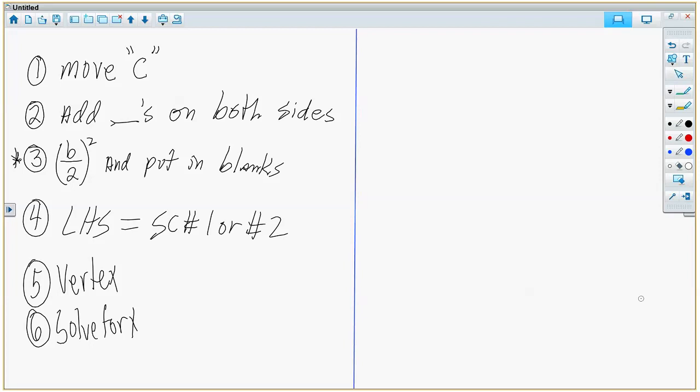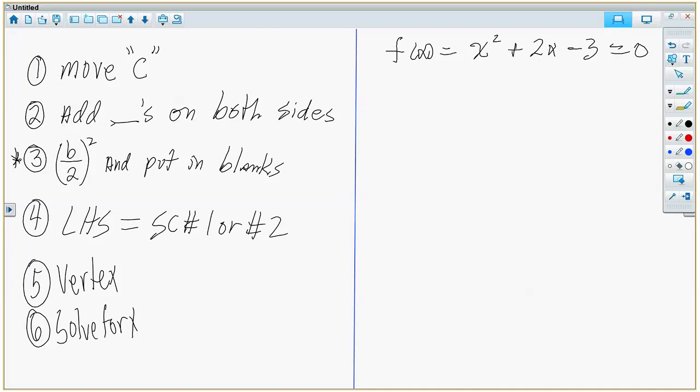f of x is equal to x squared plus 2x minus 3 is equal to 0. Well, you set f of x equal to 0, or you've ever heard set y equal to 0, find your x-intercept? Well, that's what you do.